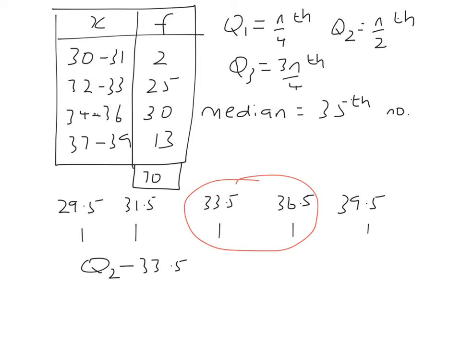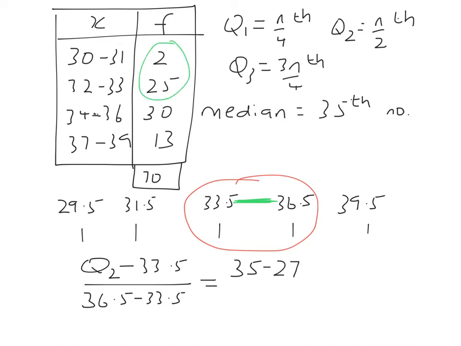So Q2 minus 33.5, divided by 36.5 minus 33.5, in other words, the gap between the lower and upper bounds of the median class. So we know that that value must equal 35, because that's the median, minus 27, because 27 is the total there.